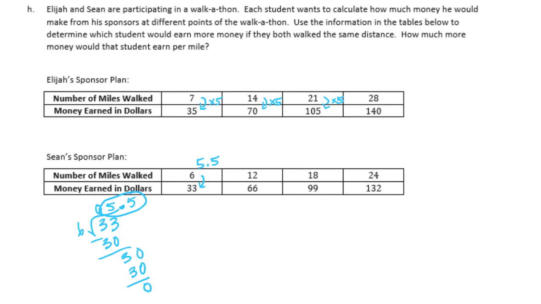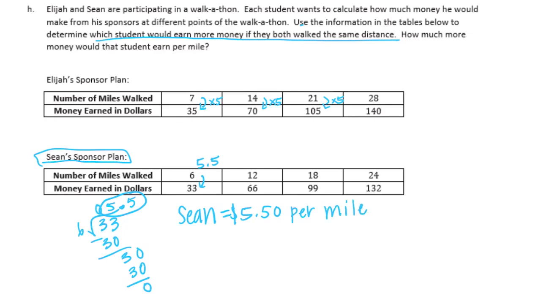So how much more money would that student earn per mile? Or let's go back to this one. So use the information to determine which student would earn more money. So Sean is charging $5.50, and Elijah is charging $5 per mile.